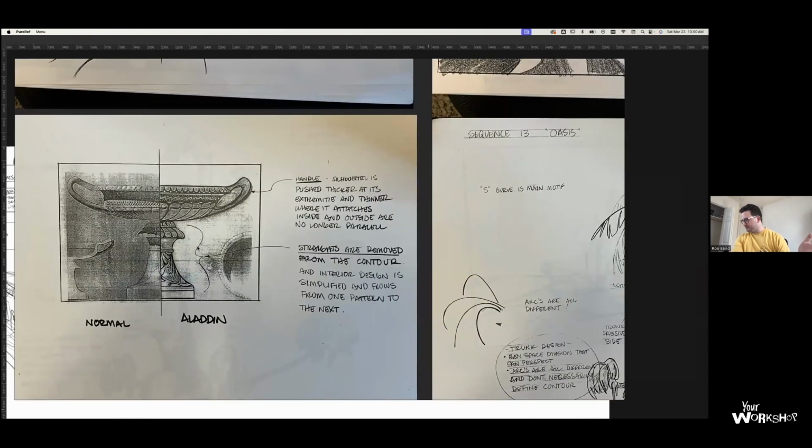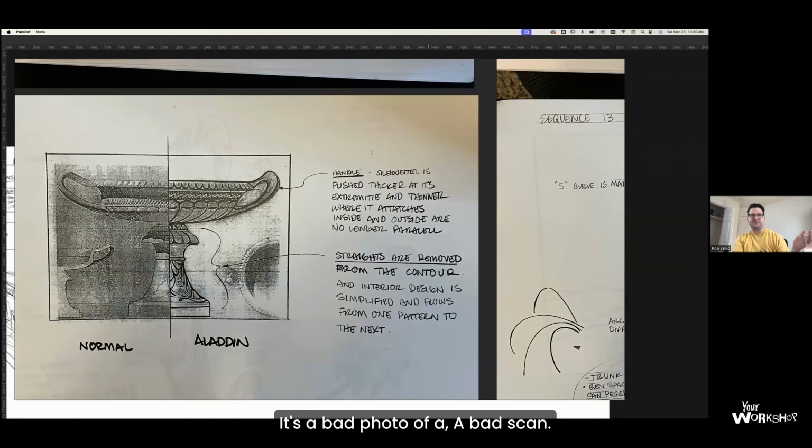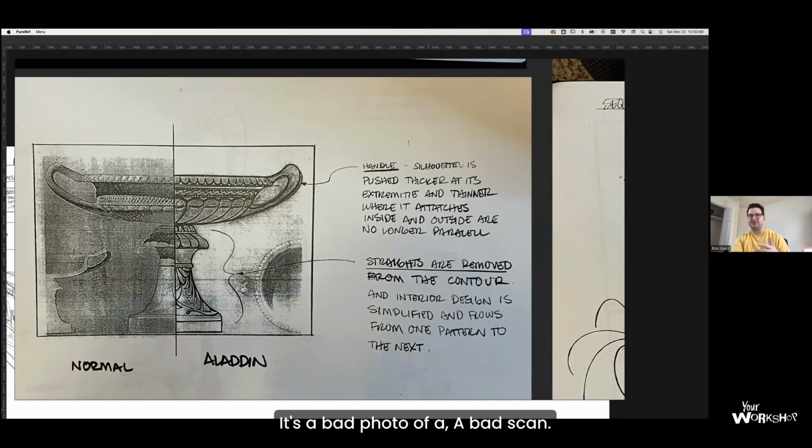Look at this. Simplification versus amplification, right? This is not a great photo. It's a bad photo of a bad scan, so you'll have to bear with me a little bit. But this is what this fountain probably looks like, and this is the Aladdin version. What have they simplified?